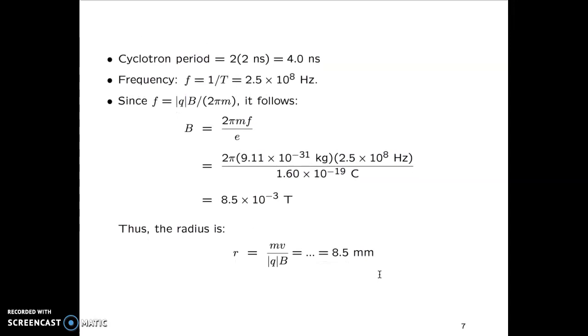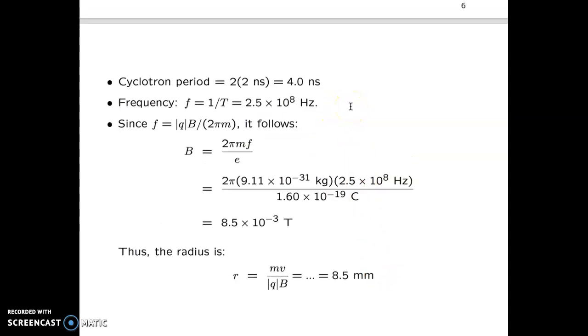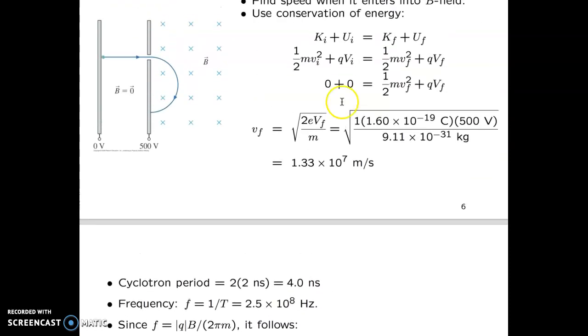What do we know here? We know that the charged particle is undergoing circular motion in the magnetic field. And we know that it takes 2 nanoseconds to go through a semicircle. We're given that information. Now, the period is the time it would take to go through a full circle if it was possible to go through a full circle.